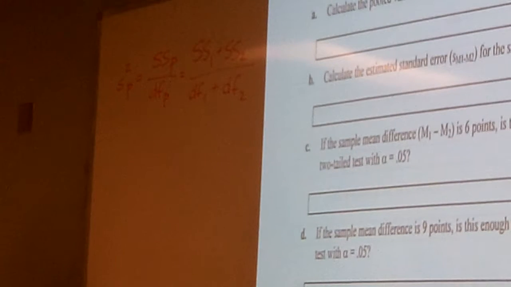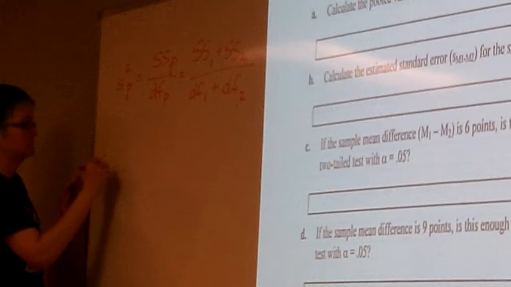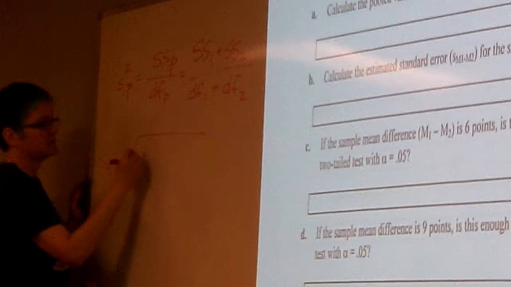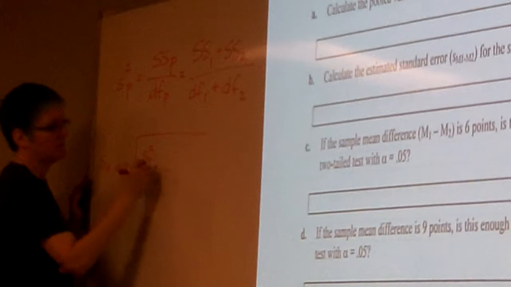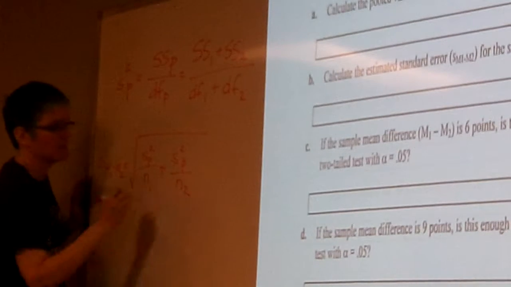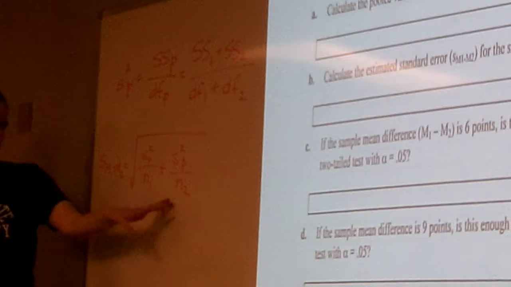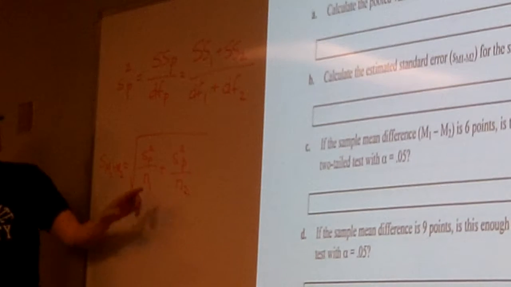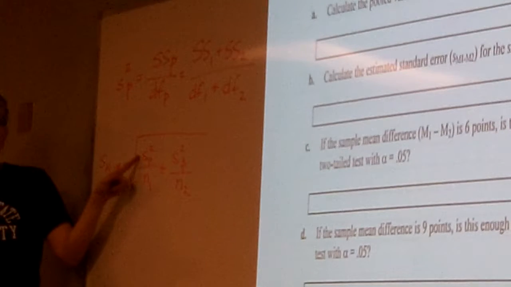Then you have to calculate the estimated standard error. Okay, that's this one. And the formula to do that looks like that. We know all the values in here now, right? We know that this is 24, right?